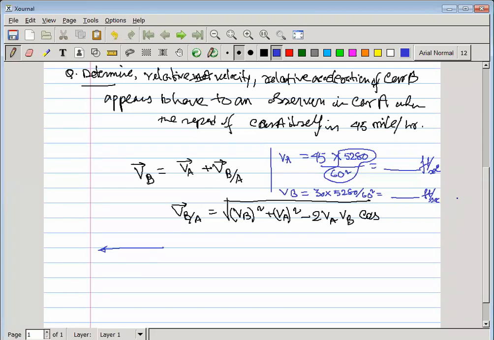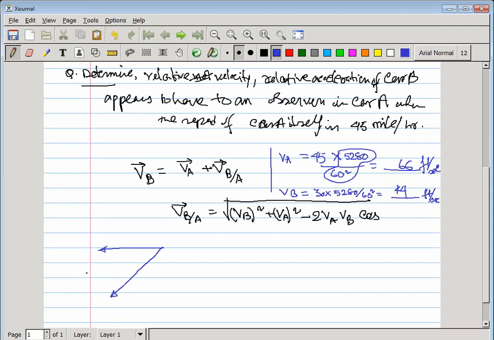Please reply anyone. 66, sir. 66. And for VB, 30 into 5280 divided by 60 squared, how much is it? 44.